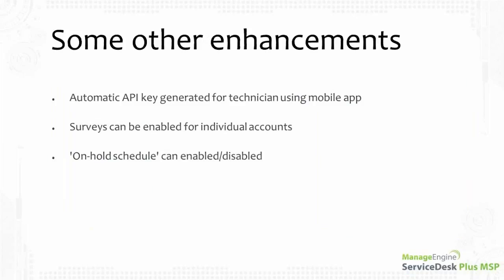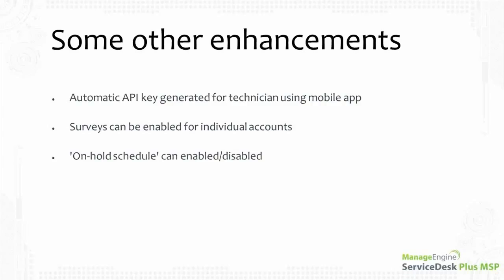So these are the new features that we have introduced so far inside the ServiceDesk MSP 8.3 version. And not just those things, there are certain other enhancements. When we use this mobile app, either the Android app or the iPhone app, users asked whether it is really necessary to create an API key under the technician page, and then go and type the normal password of the technician to log into the app.